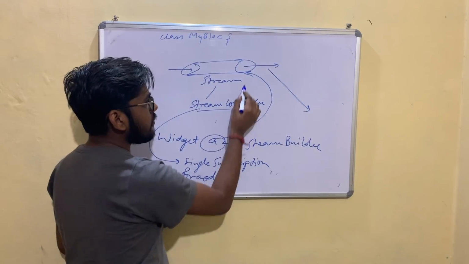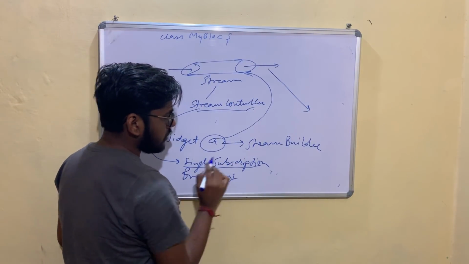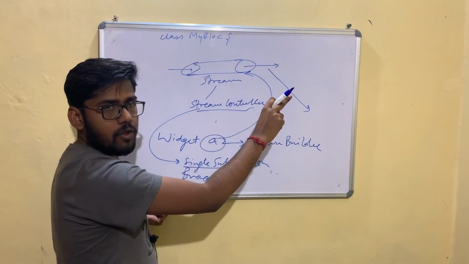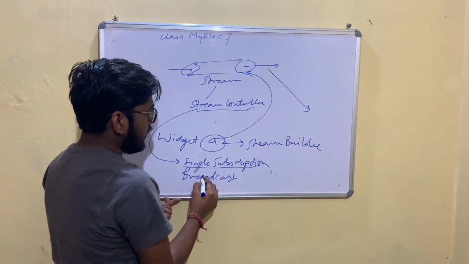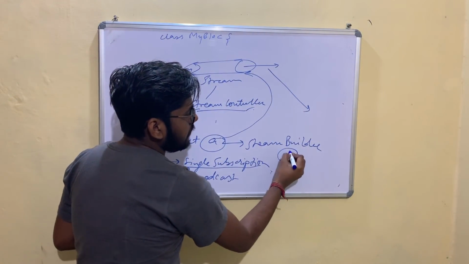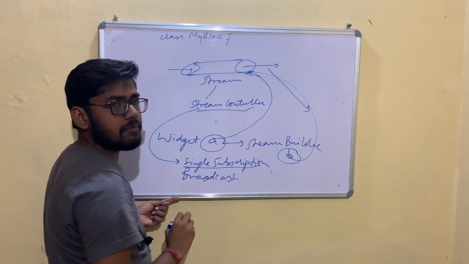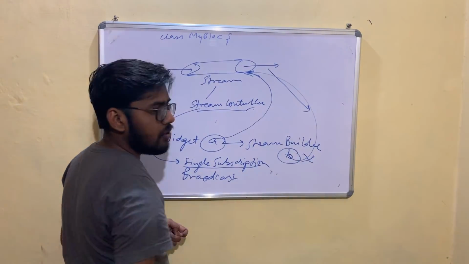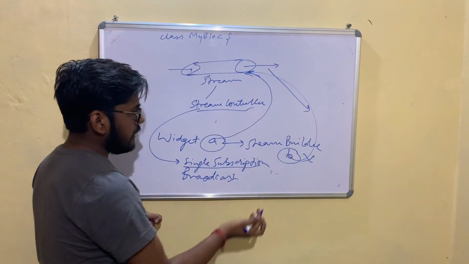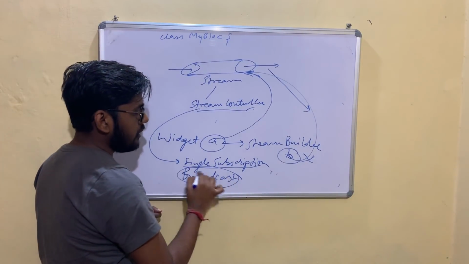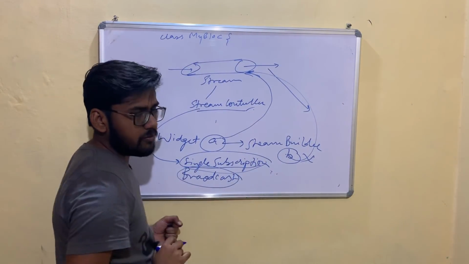Once A is subscribed, if you are using a single subscription stream, then only A can listen to whatever data it outputs. But if there is a B widget as well, and this widget wants to listen to the same stream, then it cannot, right? So in that scenario, your stream controller should broadcast the stream, it should not be a single subscription stream.